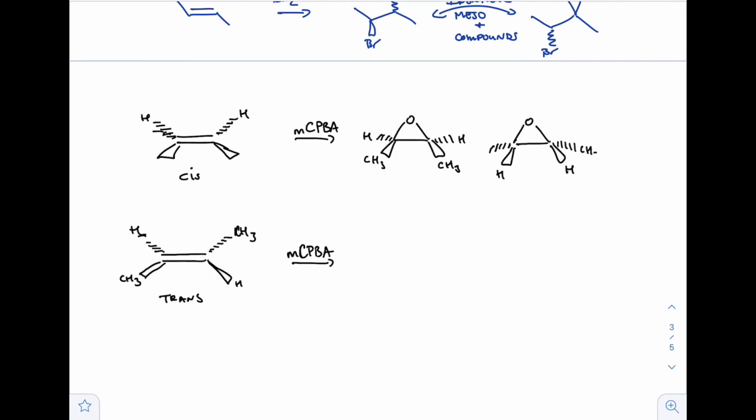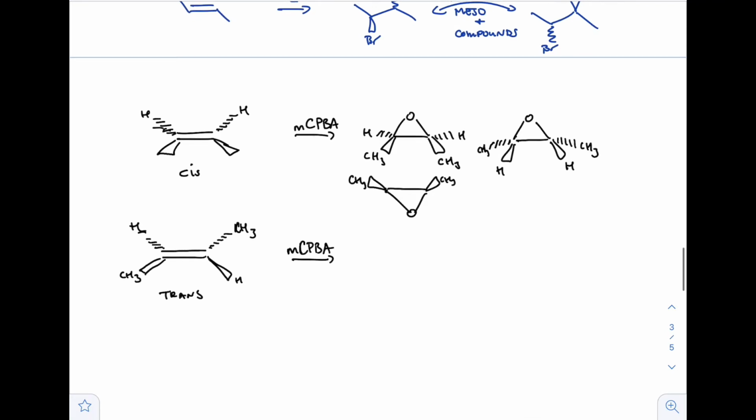Let's check out the relationship though, right? So if we throw MCPBA at this cis alkene, what are the two epoxides? What's the relationship between them? We can kind of flip them over. I'm drawing it two different ways just to show you that I jumped straight to the after the rotation.